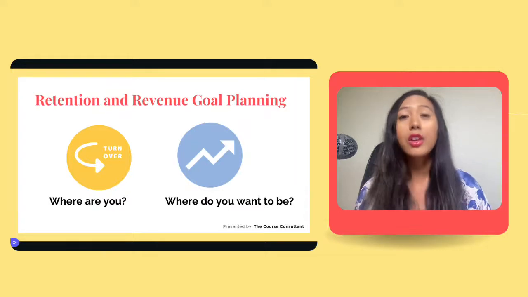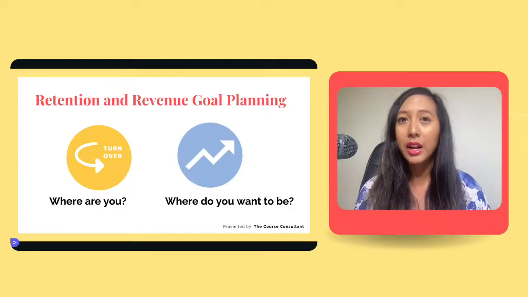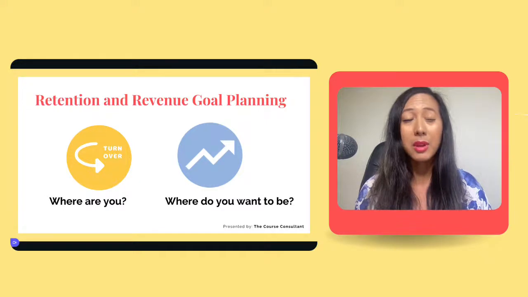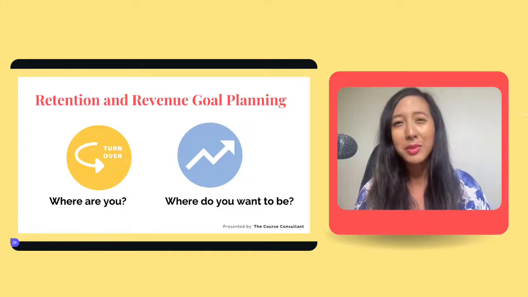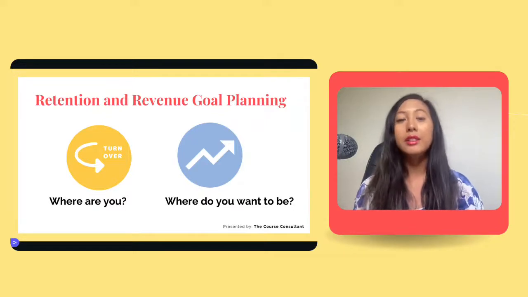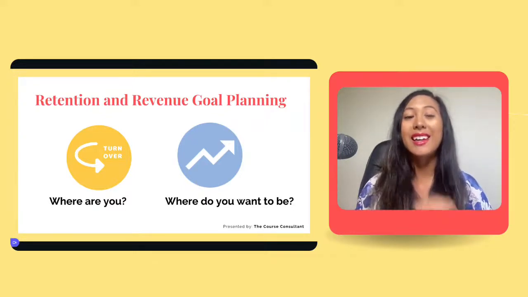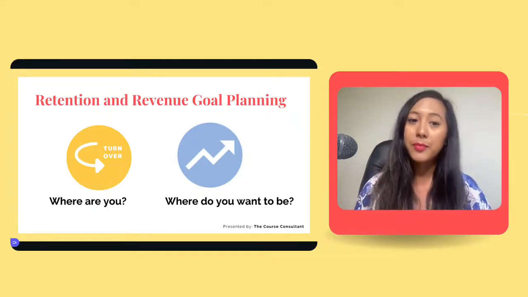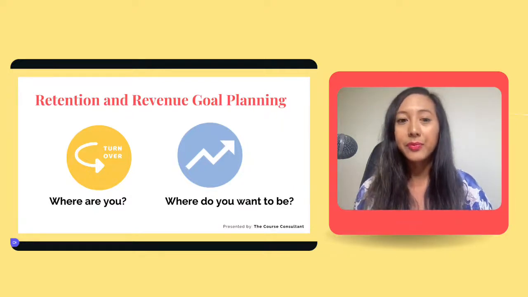Or maybe you're hiring new team members and you want more ease in your team onboarding and development for your efficiencies, and maybe your standard operating procedures need a little bit of work. We all need to do our due diligence in evaluating where we are and where we want to be.